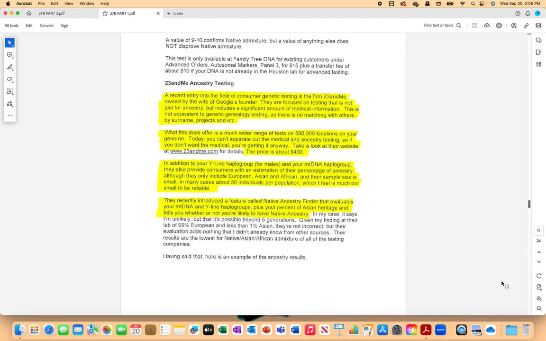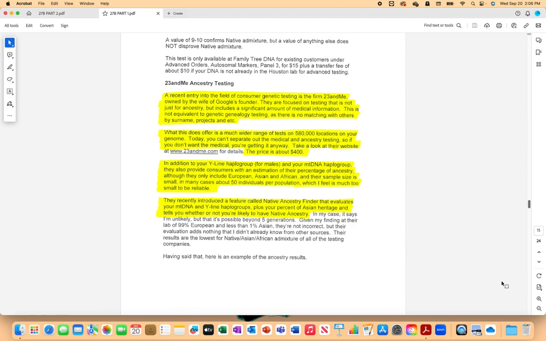A recent entry into the field of consumer genetic testing is the firm 23andMe, owned by the wife of Google's founder. They are focused on testing that is not just for ancestry, but includes a significant amount of medical information.